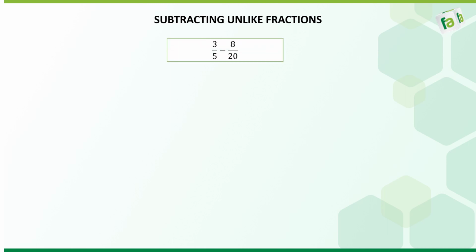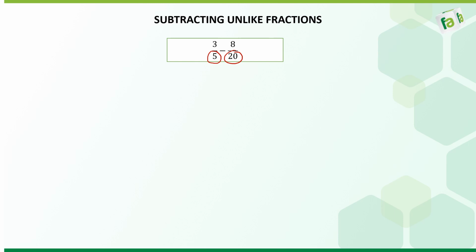We follow the same procedure to subtract unlike fractions as we did for adding them. Look at this question. Here we have 3 by 5 and 8 by 20. These are unlike fractions because denominators 5 and 20 are uncommon here.